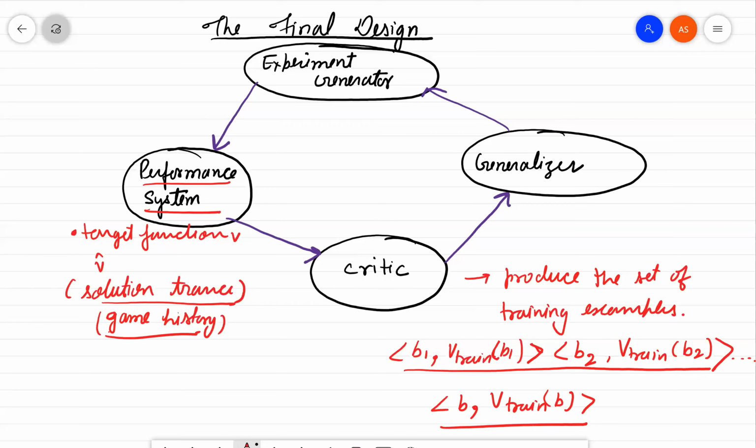And this generalizer will take the training examples as an input, and it will produce a hypothesis as an output.